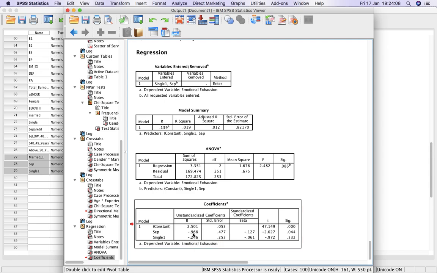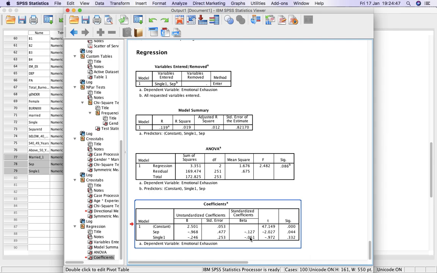Separated has a lesser influence of emotional exhaustion compared to married, which means married people are likely to experience higher emotional exhaustion. The same applies to the single: married seems to experience higher emotional exhaustion compared to the single. When you compare the two based on the single as reference, the separated are experiencing very high emotional exhaustion even compared to the single.